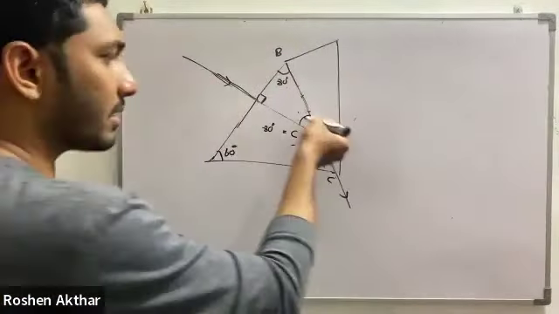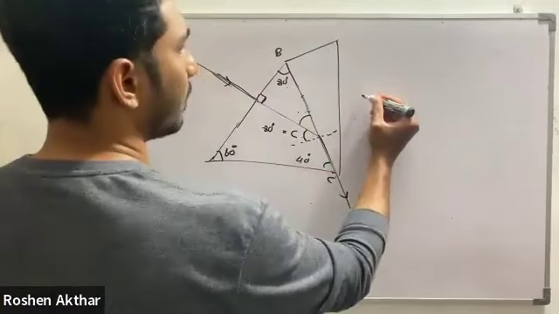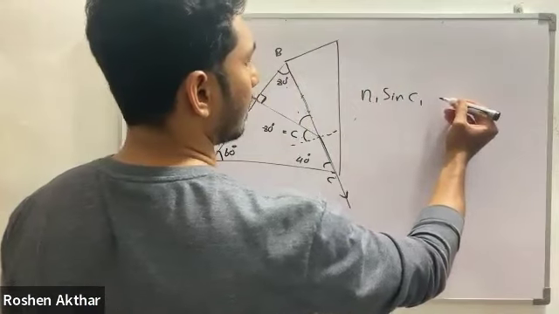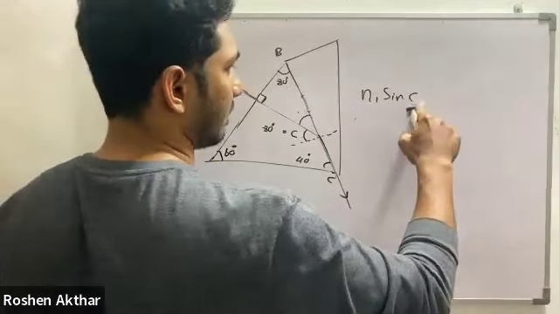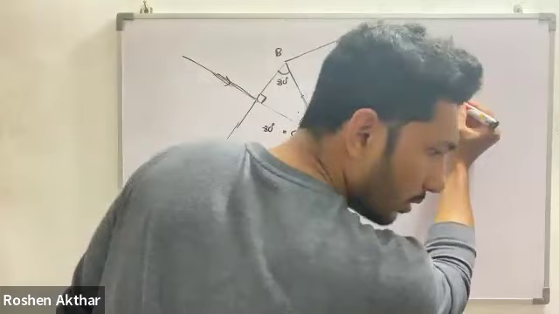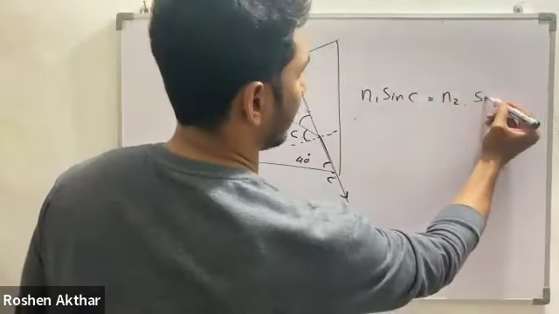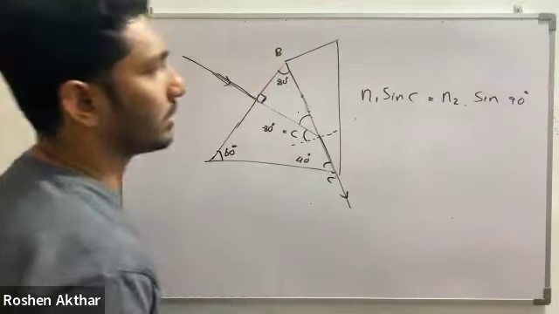So now write the equation for this critical point. n1 sine C is equal to n2 sine 90, which will be 1. We don't have to write it, or you can just write it. So this is the theory.